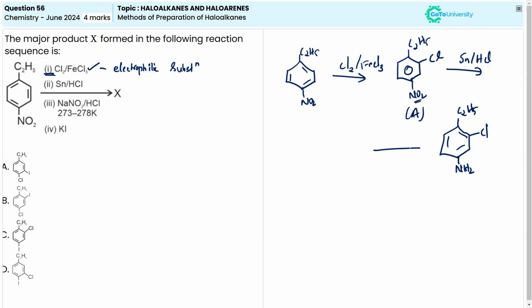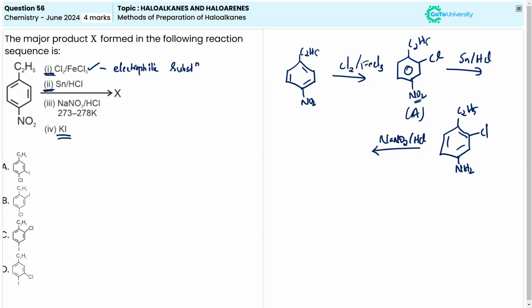Now, next one more reagent is remaining, that is NaNO2 and HCl, because we have done with tin and HCl. Then we have potassium iodide also. So NaNO2 and HCl, sodium nitrite and hydrochloric acid, are diazotizing agents.